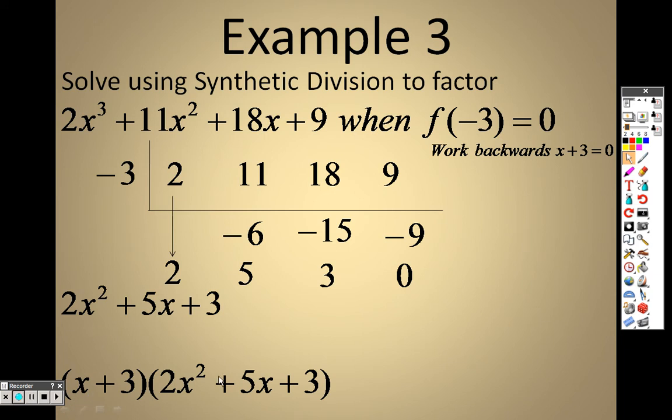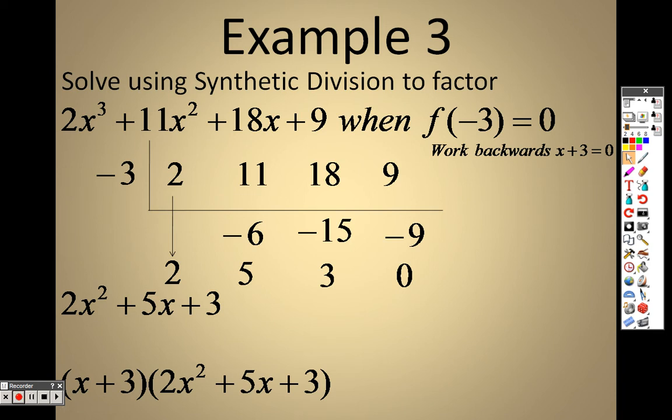So what I need to do is, the problem wants me to factor as far as I can. So when we're looking at this, I have to see if I can factor this, and actually you can. You can either do slide and divide, which means I slide that 2 over, so I get x squared plus 5x plus 6, and I try to factor it that way and divide by 2.